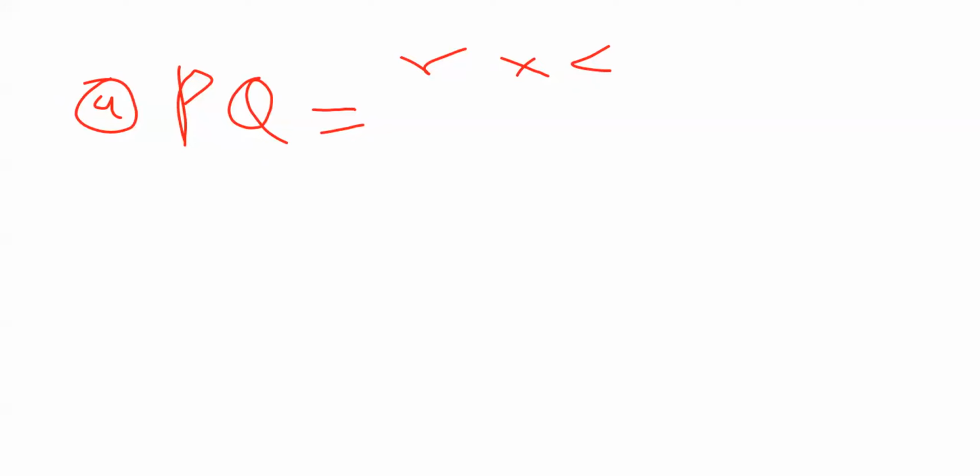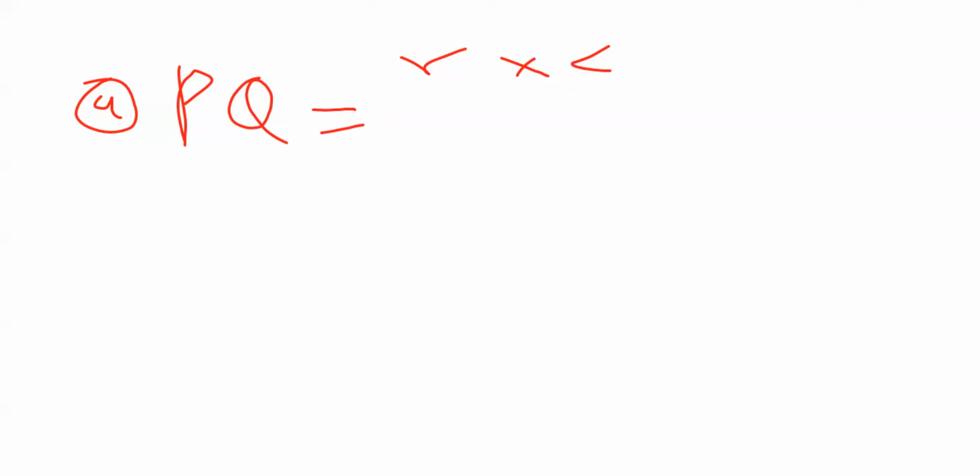So, according to the question, we had 5, minus 2, 1, 4 for matrix P. For matrix Q, we have 8, 4, 6, 4.